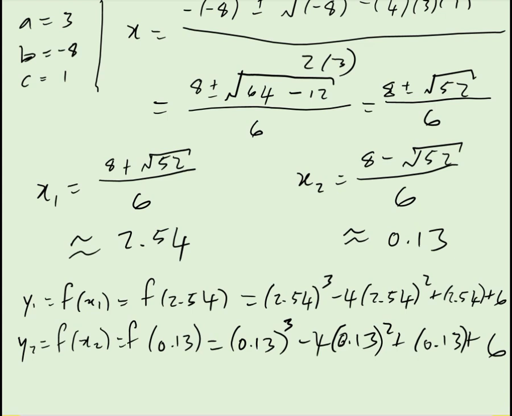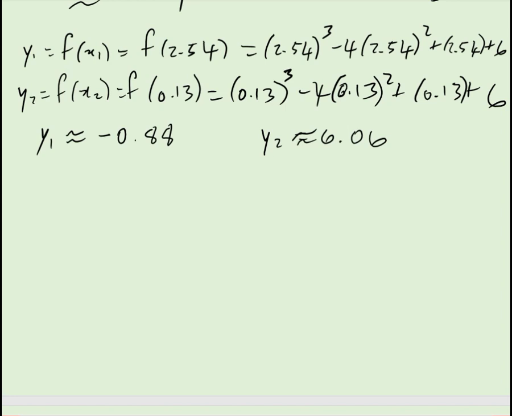Using a calculator, we can write y1 is approximately, because like I said, we do lose precision, negative 0.88, and y2 is approximately 6.06. So these are the stationary points, and we want to write them as actual points.